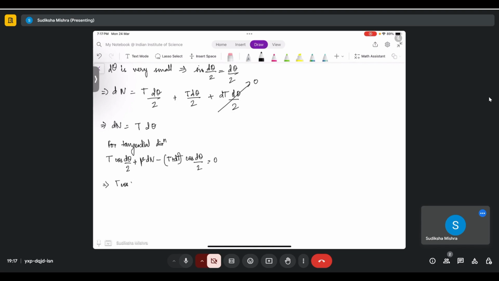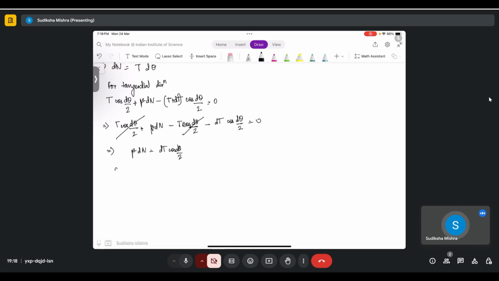If you solve this, for d theta tending to 0, very small d theta, cos d theta by 2 will tend to 1, essentially if theta is very close to 0, cos theta tends to 1.